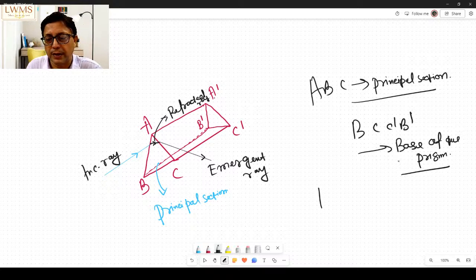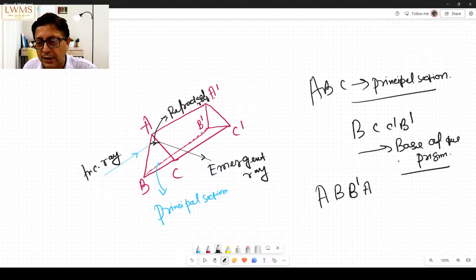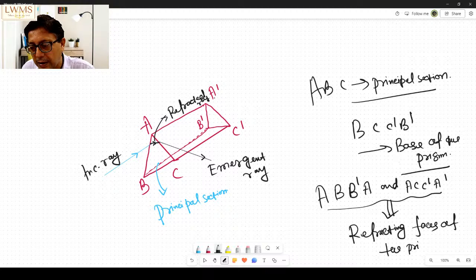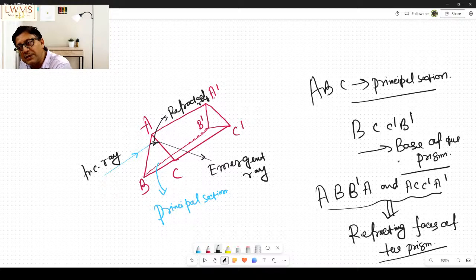And AB, B dashed, A dashed, and AC, C dashed, A dashed, these are known as refracting faces of the prism. Clear?